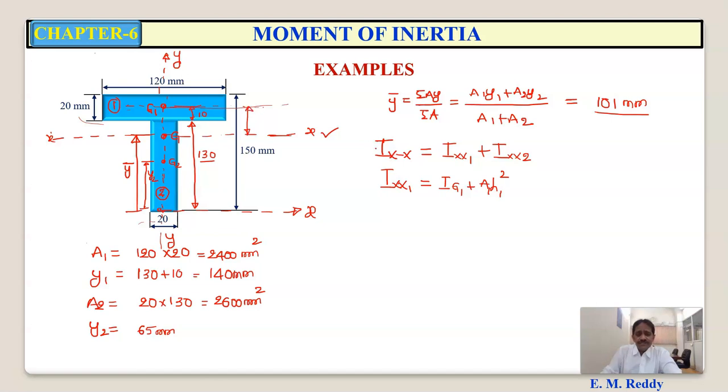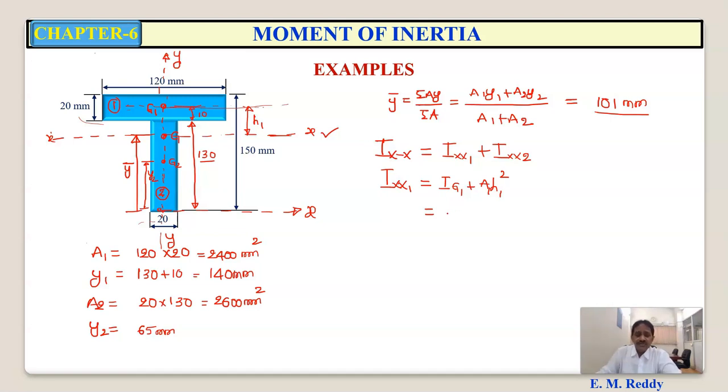Here h is distance between the two axes. In our case, it is h1. Is it clear?